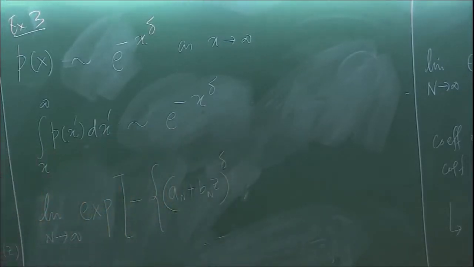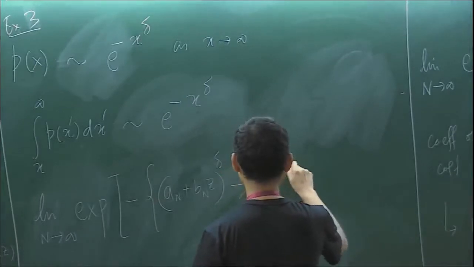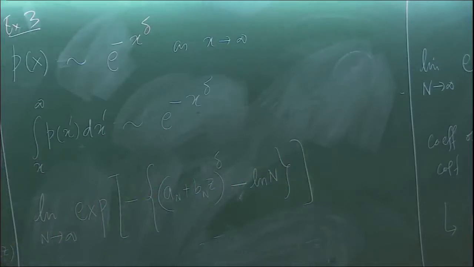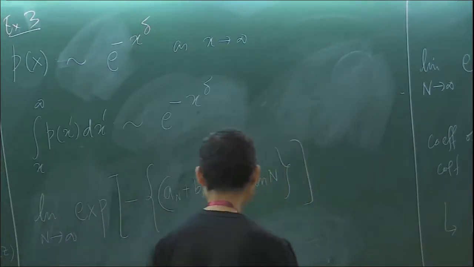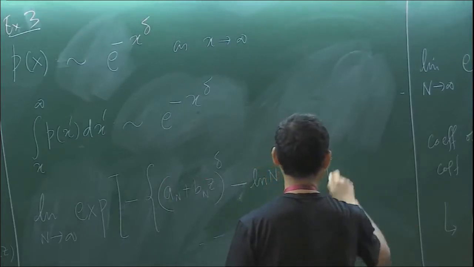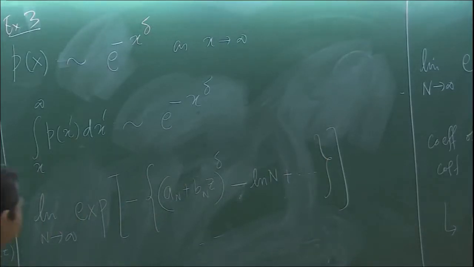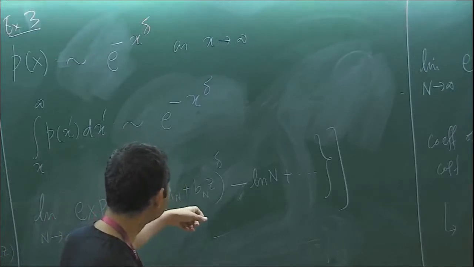There's this n, which we will just take up, so minus log n. So this is what you will get, right? There might be some subleading terms, plus some subleading terms.